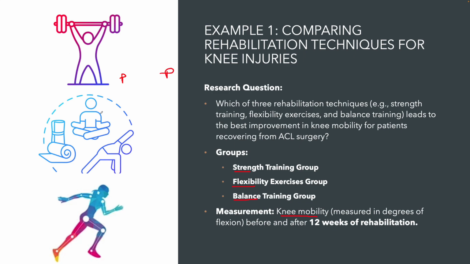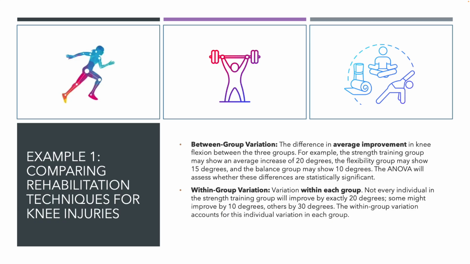I'm going to have these three interventions, and I hope that my knee mobility is going to increase with all three of these interventions between pre and post, and I hope that one of these is going to increase more than the other two. So that's what we would run an ANOVA for, to determine which one is increasing knee mobility through this intervention, and we'll do a pre and a post measurement to determine that.